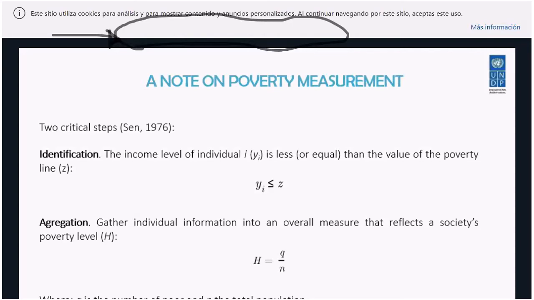I am not discussing here multidimensional measurement. I am discussing here just the very basic strategy to measure poverty from the perspective of income, that is income-based poverty.